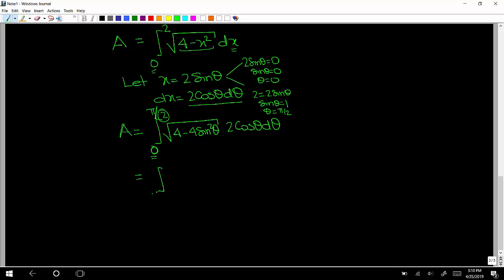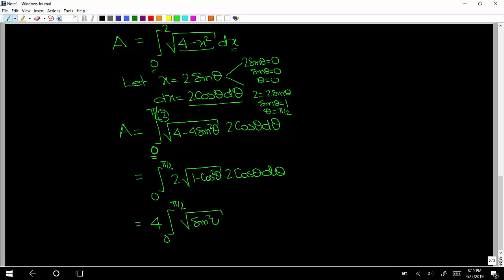So now I have 0 to pi over 2. I can pull out a 4, square root of 4 is 2, and I'm left with 1 minus sine squared theta, 2 cosine theta d theta. The 2 and the 2 can be multiplied to a 4. Oops, sorry, I'm getting ahead of myself.